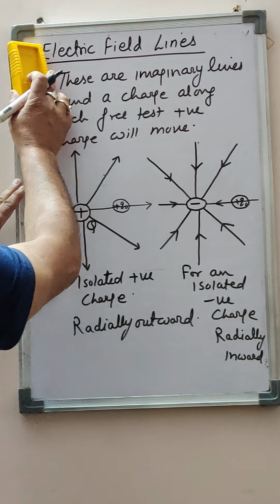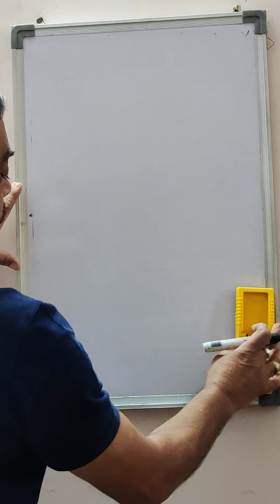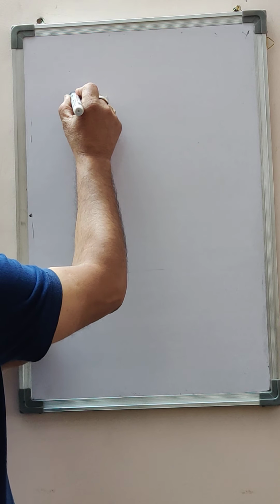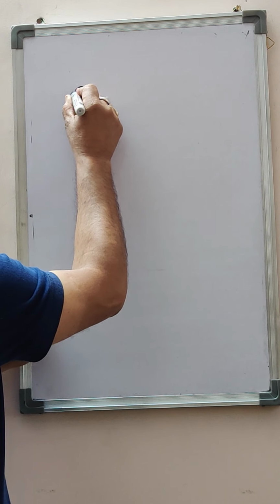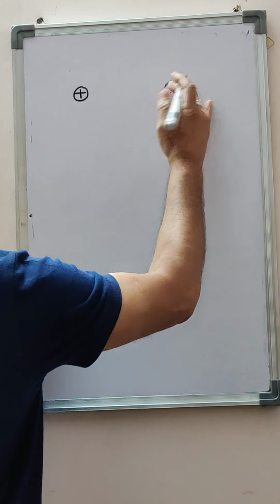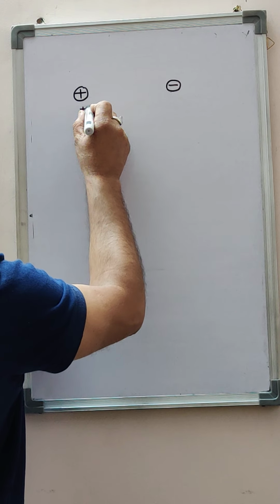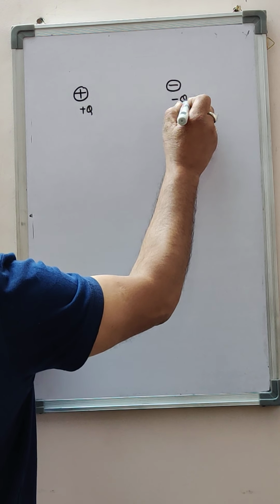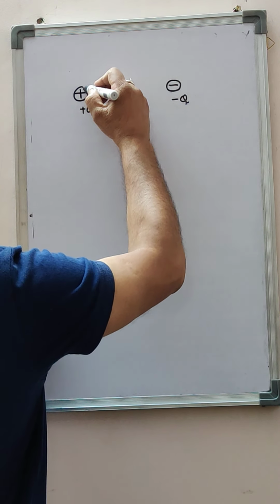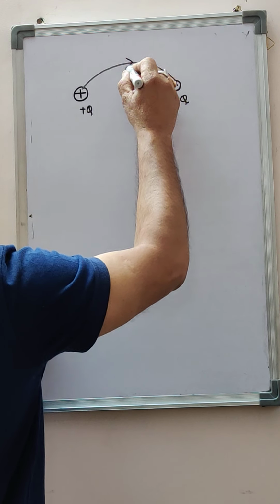Now, if you have a system of positive and negative charge, plus Q, minus Q, from positive charge lines of force will emerge out and go inside the negative charge.